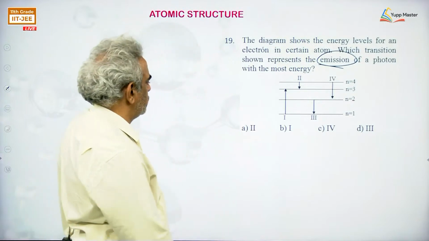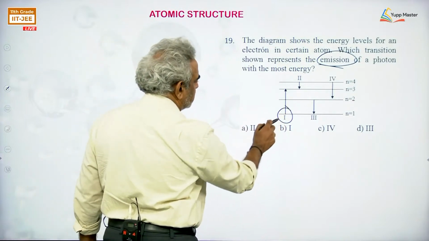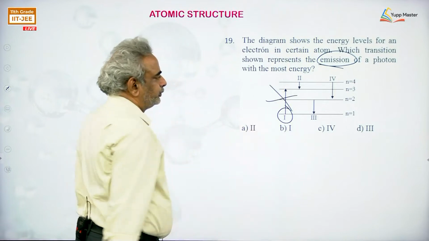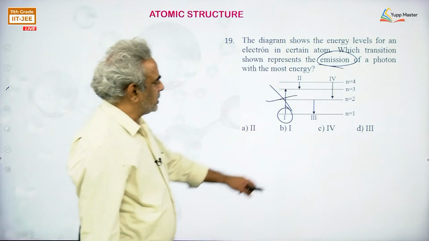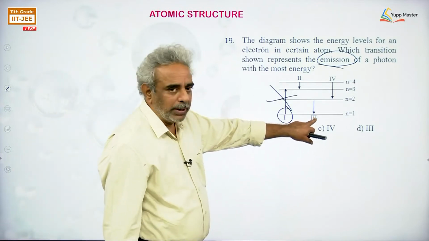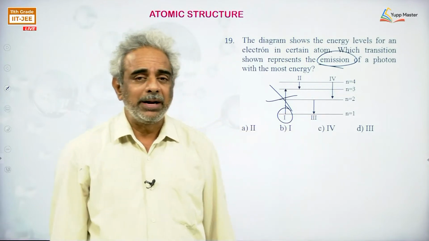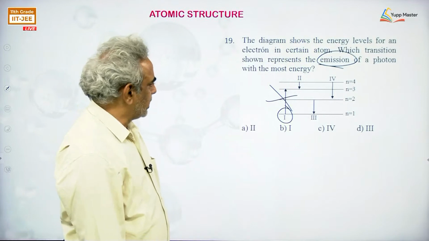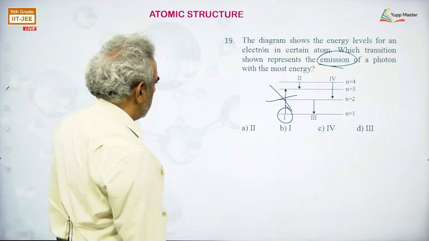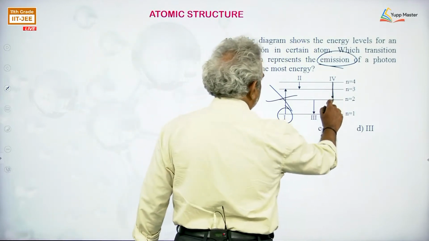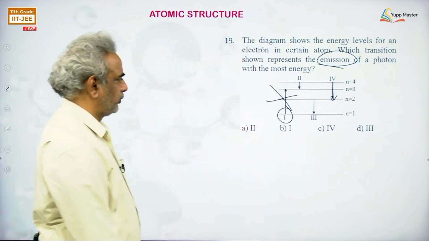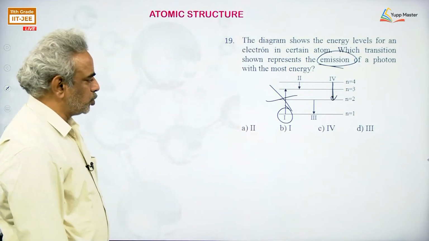So, let us observe. You can rule out this first transition because it is going up, and the second, this transition, 3 transition is good one because it is 2 to 1 ultraviolet high energy transition. And this is a visible transition, 4th one, because it is from 4 to 2.